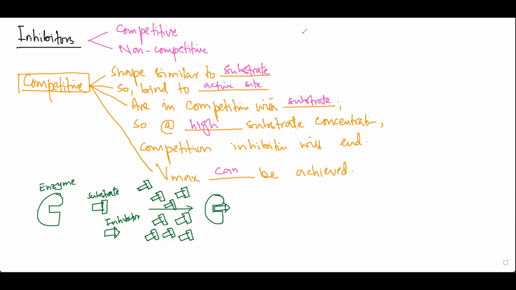But there's another inhibitor which is called non-competitive. This binds at a place other than the active site. It is not similar, it does not resemble the shape of the active site or the shape of the substrate.